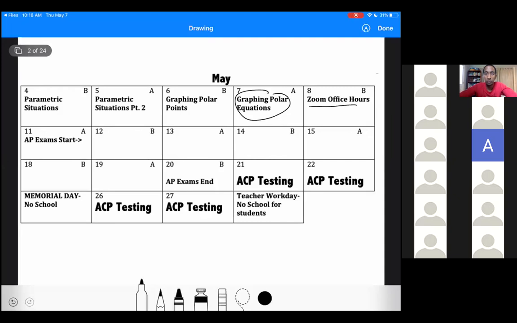I'll send that out via Google Classroom sometime next week, and I'll probably upload the answers as well. So you can use that to help you prepare for calculus. Maybe just a couple of sheets to highlight a few things. Keep your binder, obviously, that will help you as well.